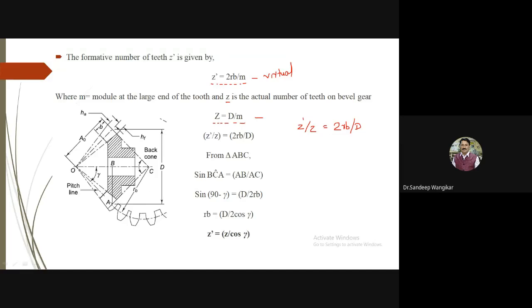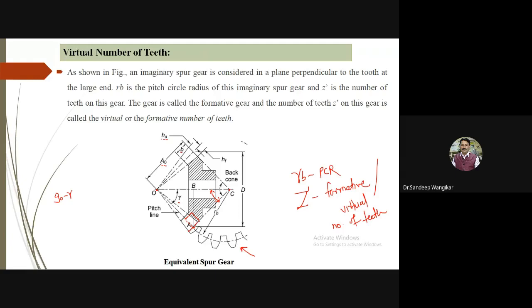So consider triangle ABC. Angle BCA is considered. This angle is 90 minus gamma. How?